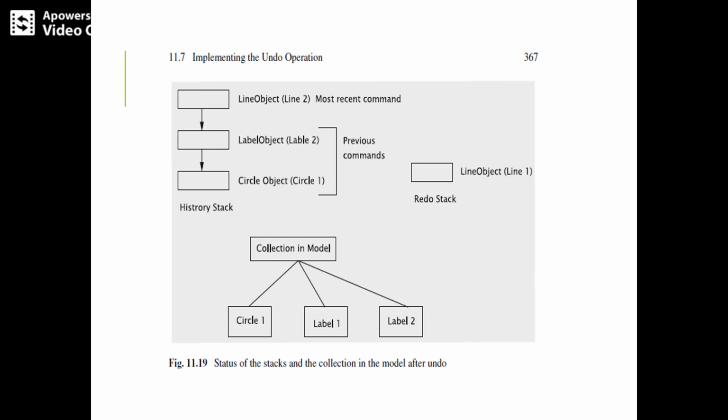To get around this problem, we might choose not to push an undoable command onto the stack. This is accomplished by making the command itself assume the responsibility for pushing onto the history stack. So we will continue in the next videos.